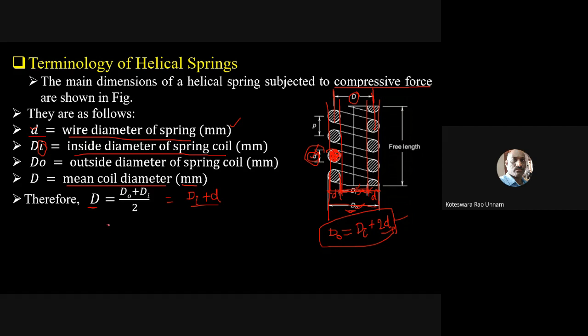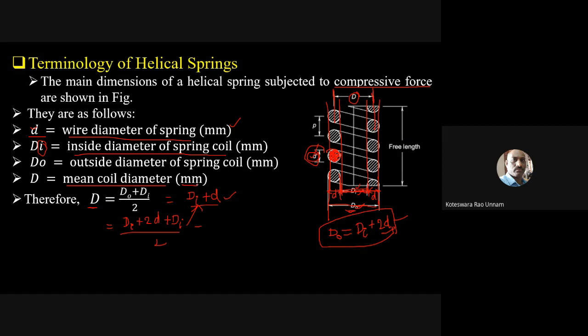If I substitute that for Do, then Do is nothing but Di plus 2d, plus Di, divided by 2. So that is 2 capital Di plus 2 small d. If you simplify this, we get only this one: D is Di plus small d.